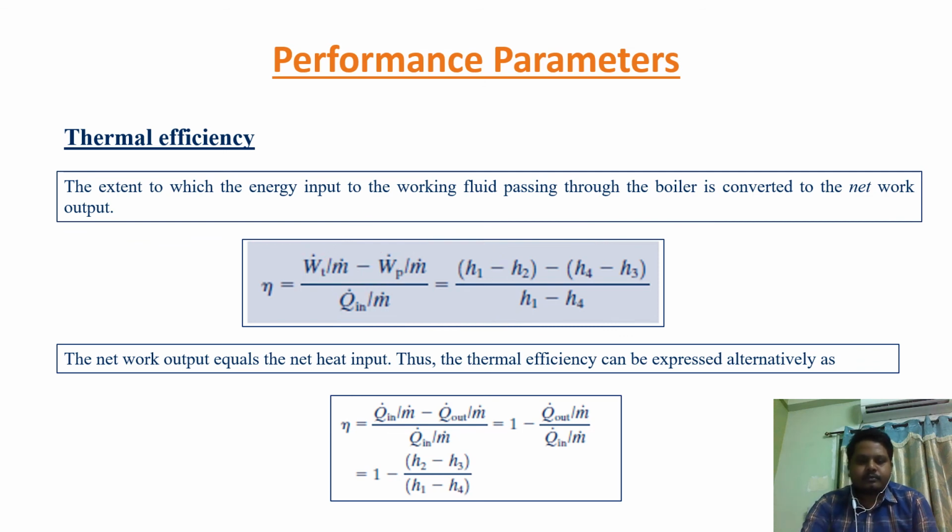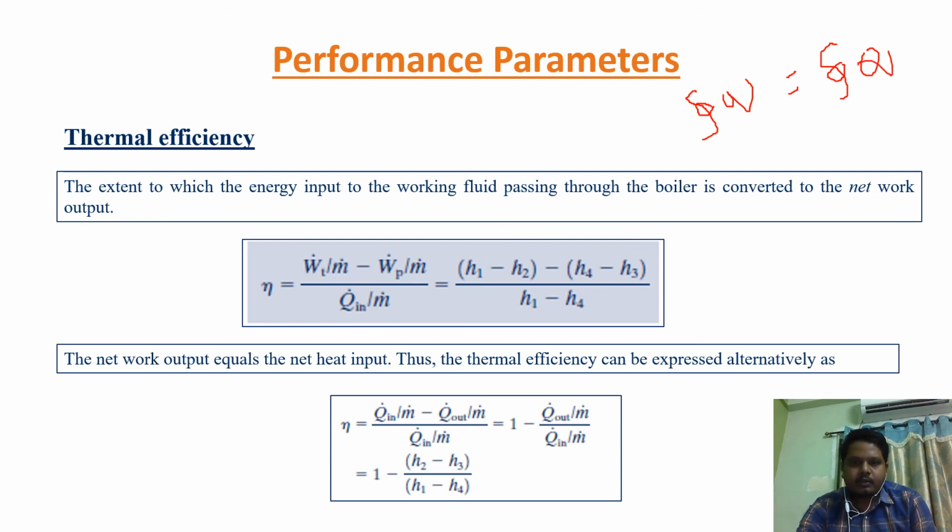Now we can write the above equation in terms of heat. How can we write it in terms of heat? We know from the first law that the cyclic integral of work equals the cyclic integral of heat.